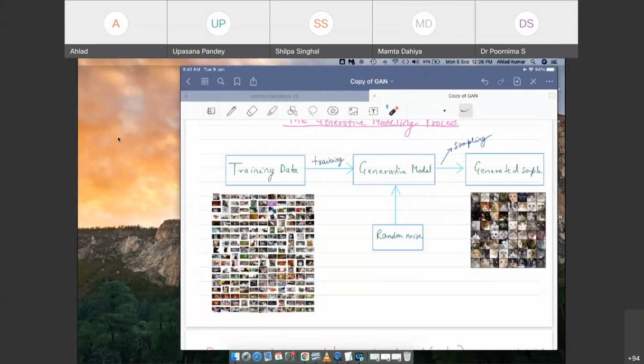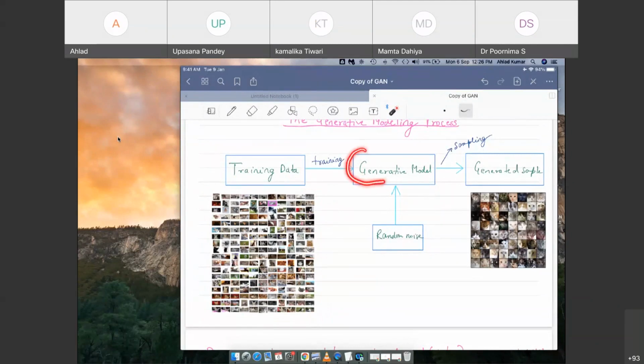We are trying to generate new samples, and in order to generate new samples, it's important to learn from one class. So we are selecting a large corpus of these cat images, and these cat images are the training data which we will be feeding into the generative model.